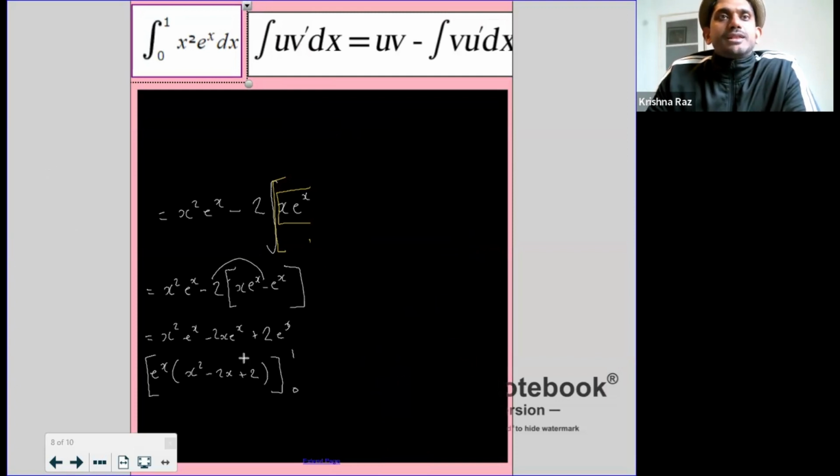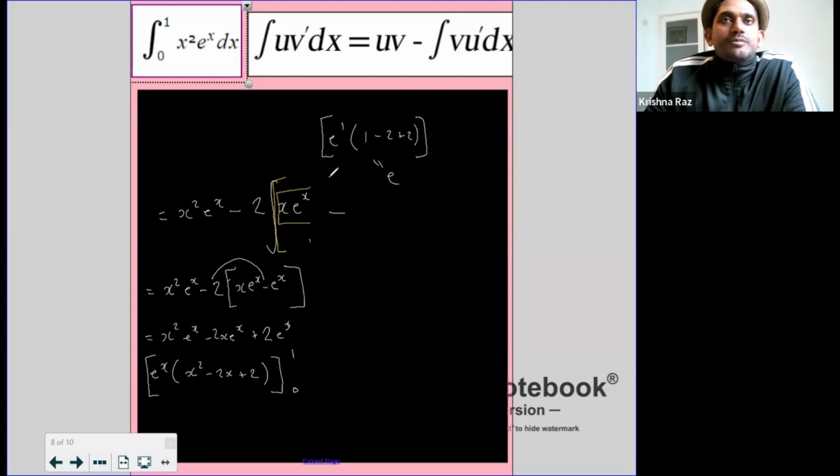So now when I sub in the limits, I will have e to the power of 1 times 1 squared minus 2 times 1 plus 2, which we can see will just end up being e, because e times 1 is e.